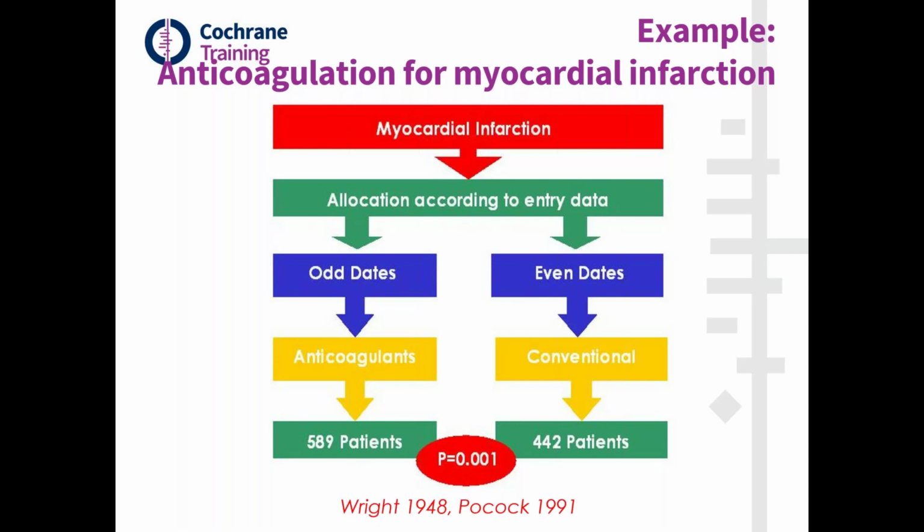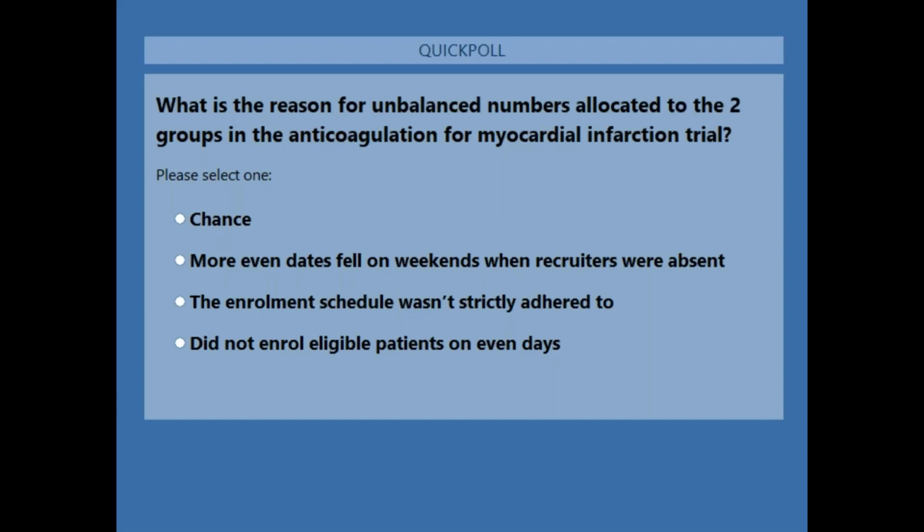In a second we're going to go on to a poll and give you some options, but just whilst we've got this slide up, do you think that these differences were due to chance? Do you think that it's possible that more even days fell on weekends when recruiters were absent? Do you think that investigators failed to enrol eligible participants on even days because they wanted to give them the new drug? Or do you think that the enrolment schedule wasn't strictly adhered to?